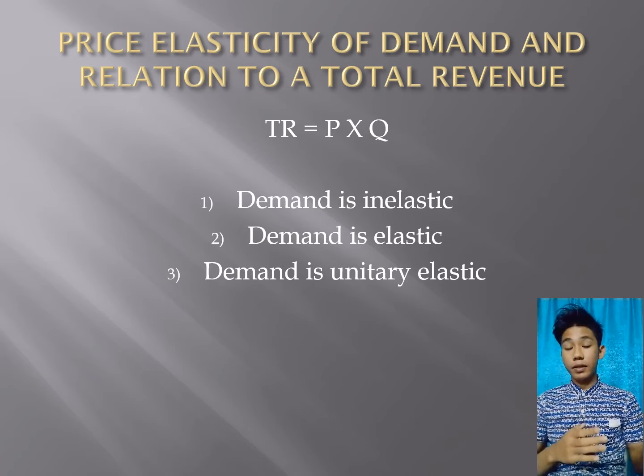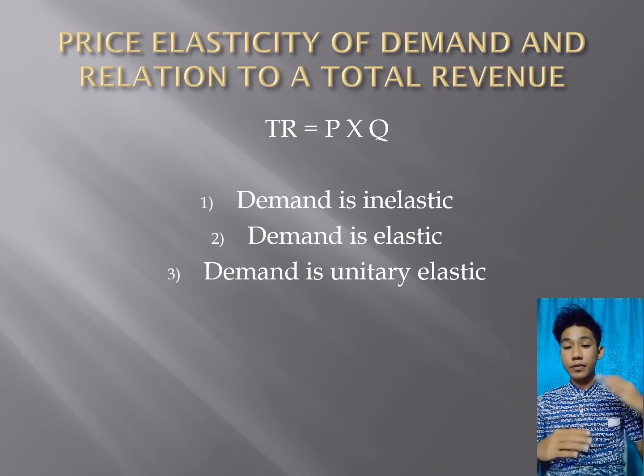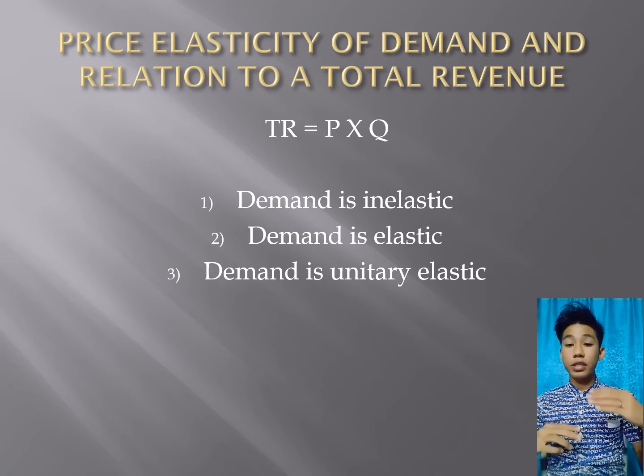It will be less sensitive to the quantity demanded. The second condition is elastic demand: when the price increases, the total revenue will decrease, and it will go in the opposite direction.